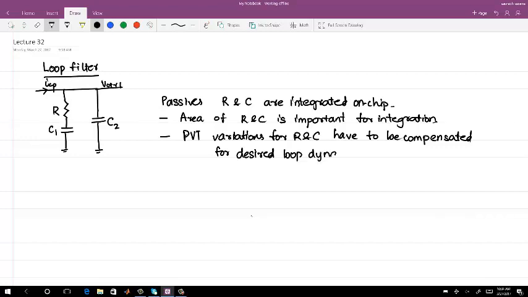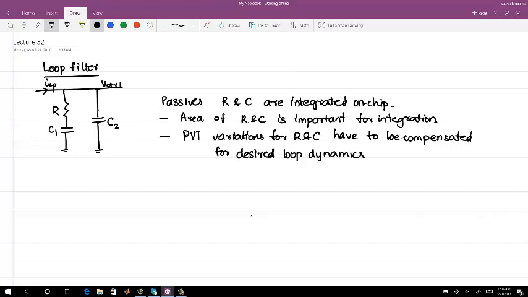So earlier, if I wanted to put a microfarad of capacitor for a very low bandwidth, I could take the pin out of the chip and put it off chip, but that is no longer the case. You want it to be integrated because taking the pin out is more problematic for high frequency PLLs. You will have the bond wires in the path.